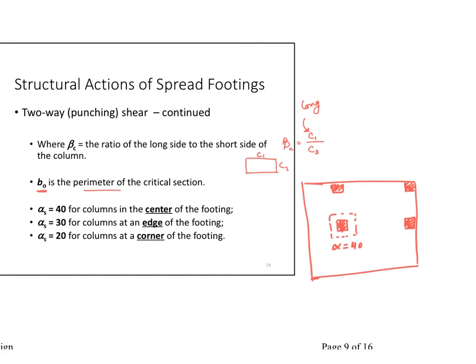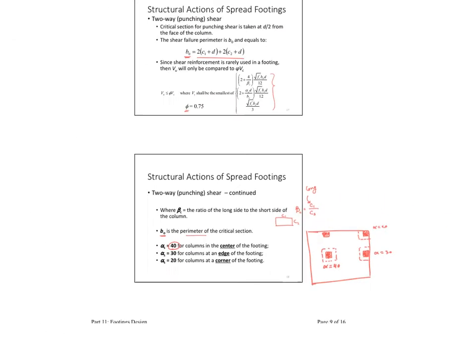If it's at the edge of the footing where it breaks like this, then your alpha equals 30. If it's at the corner of the footing that looks like this, then your alpha equals 20. So for all spread footings, central, concentric ones, your alpha will be 40. In case I have something like a raft or a combined footing where your column is at the edge of the footing, then I have to start looking, is it 30 or 20? But for the most cases, for a simply designed footing, alpha equals 40. Okay?